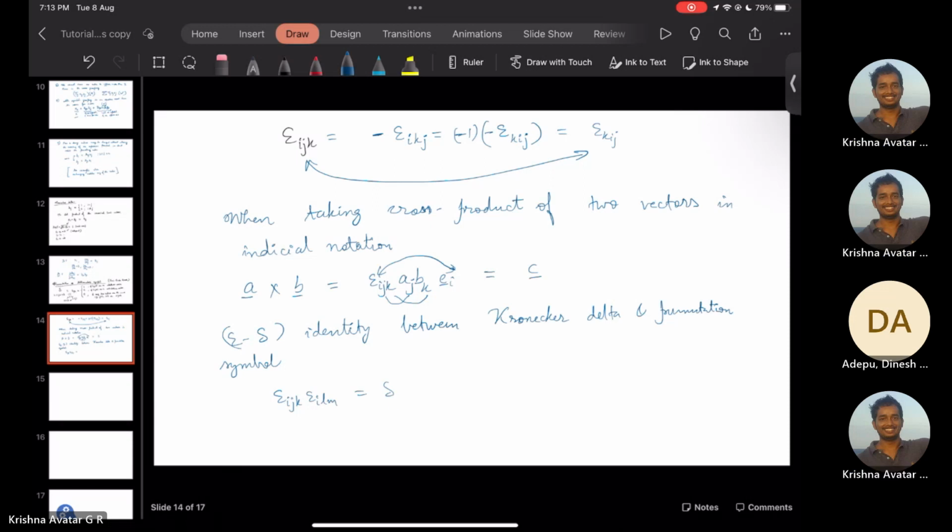This is equal to, rather what we do is we pick up the first indices here, jl. So it is delta jl delta km minus delta jm delta kl. This is an identity which can easily be derived, but this particular simple form comes in handy a lot.